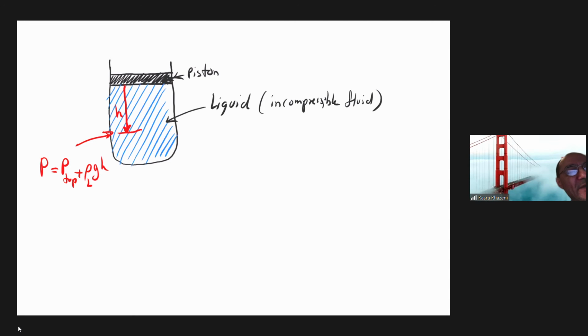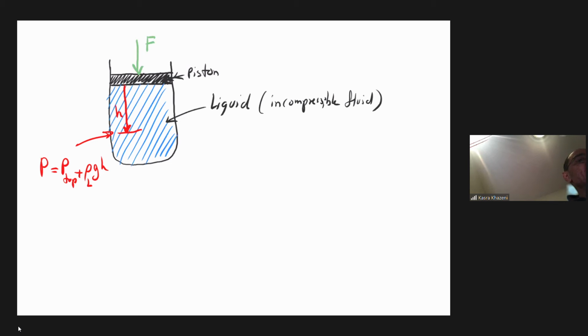All right, so if I push down on the piston with some force, so this is some external force, and the piston wants to move down, I can calculate the external pressure on top.